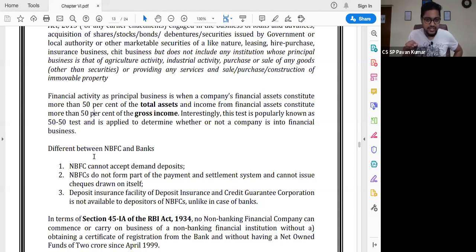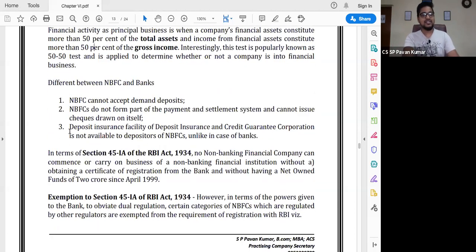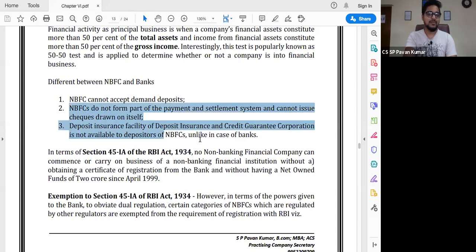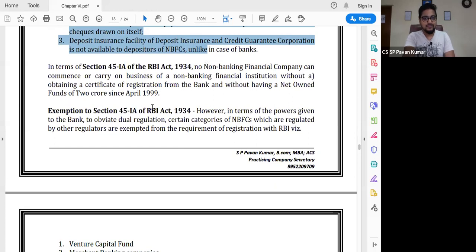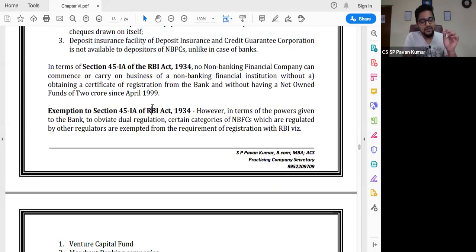Only if this 50-50 test is satisfied can I at least go for an NBFC registration. And we saw the difference between a bank and an NBFC some time back, so I'm not repeating this. And registration: it is mandatory to get registered under section 45IA of the RBI Act 1934 if I want to start as an NBFC company.